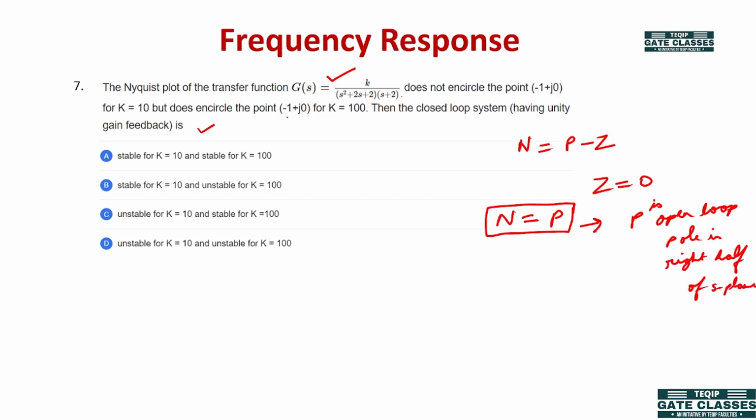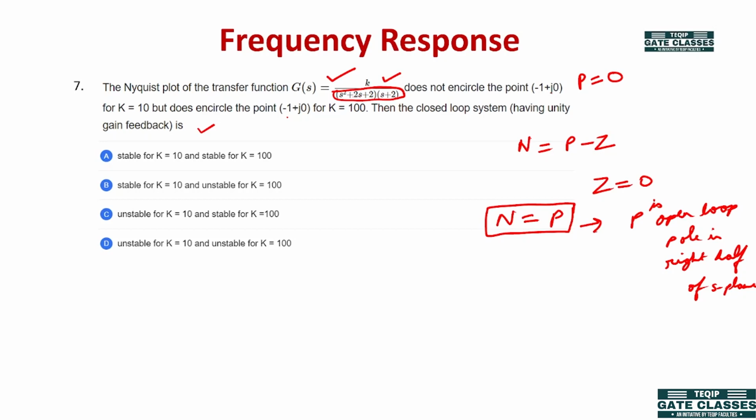Okay, so let's consider this question. We have K upon (s square plus 2s plus 2) into (s plus 2). So all the coefficients are positive. By analyzing this equation, we can say there are 0 poles in the right half of the s plane, that is P is equal to 0.